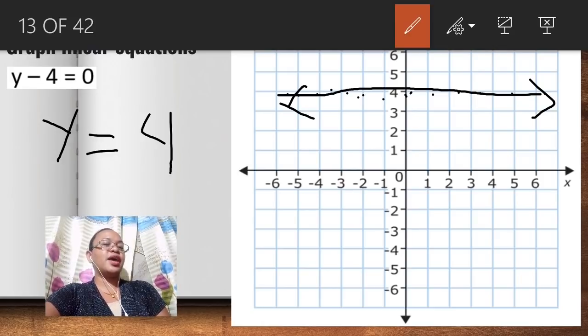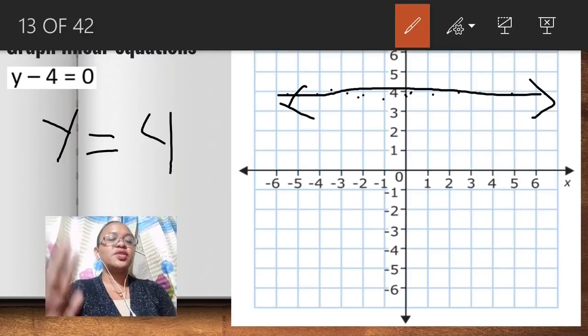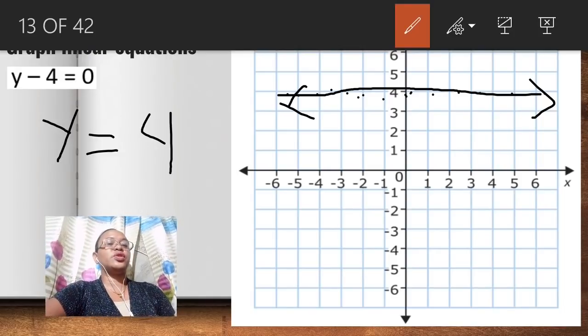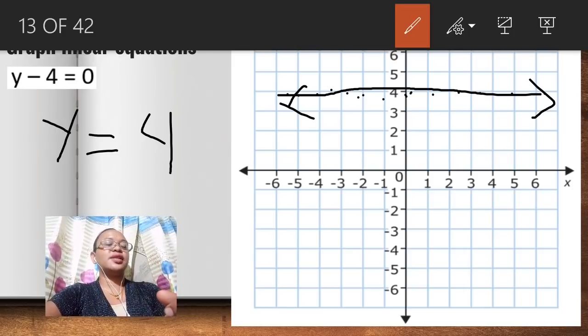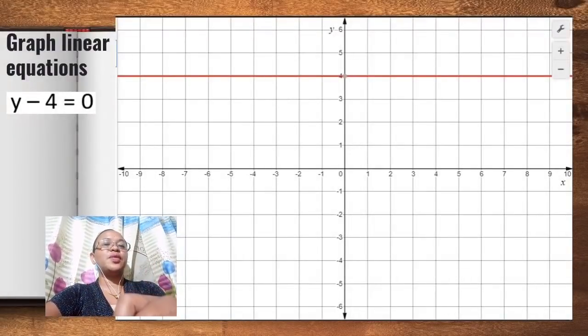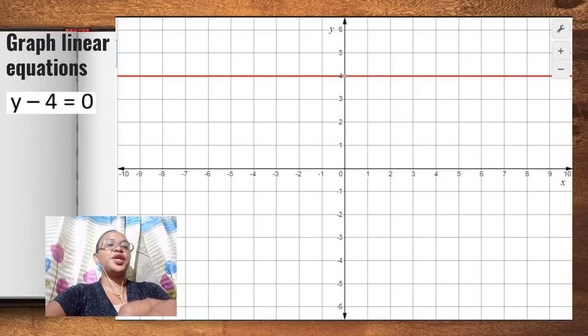We have different x, but we don't consider that one. We just consider the idea that y is equal to 4. So that becomes a straight line. It's a horizontal line. So that is our graph for y minus 4 equals 0.